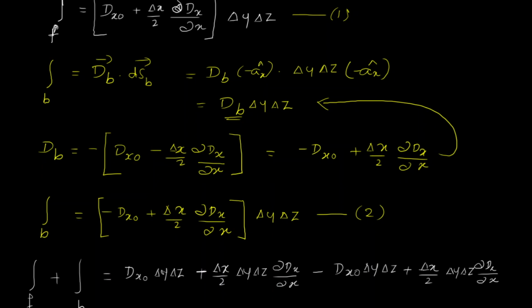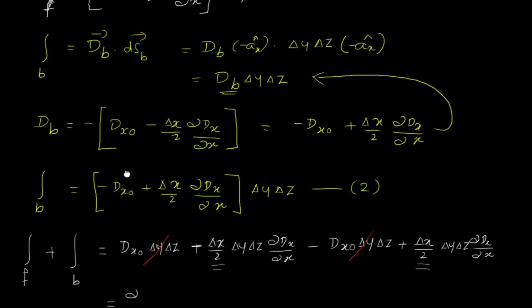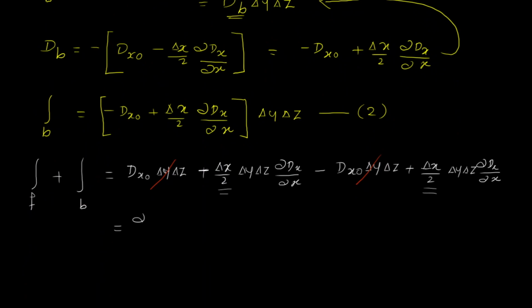Now evaluating this, I found that the dx naught delta y delta z terms cancel because this and this are the same, so this minus this is 0. And here I have delta x by 2 and delta x by 2, so it becomes 2 times delta x by 2. Writing that, this becomes partial dx by partial x times delta x delta y delta z.